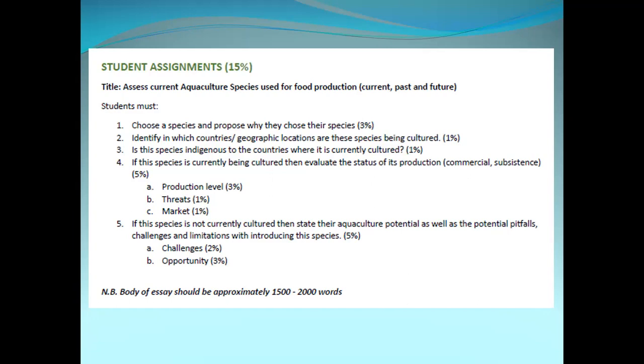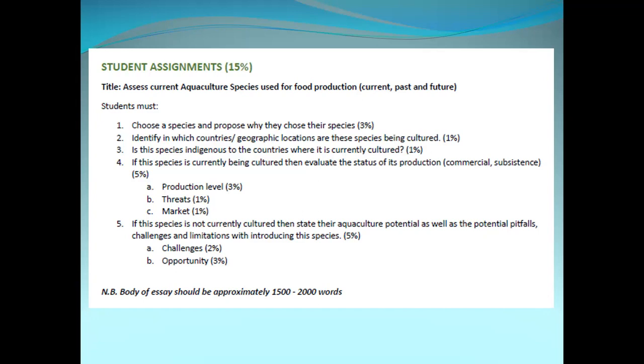We could just feed them scraps, fish waste. You could choose a species that is not currently being done and use that as your proposed species. So that could be a future species. It could also be a species that was done in the past that never had good success, but you decide, hey, I think we could put that back into aquaculture.